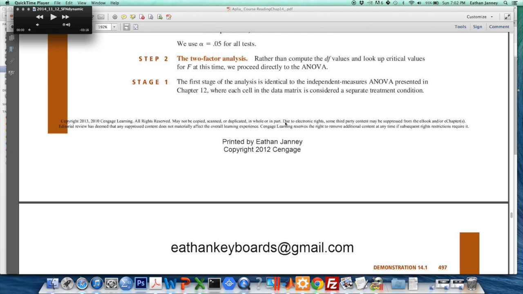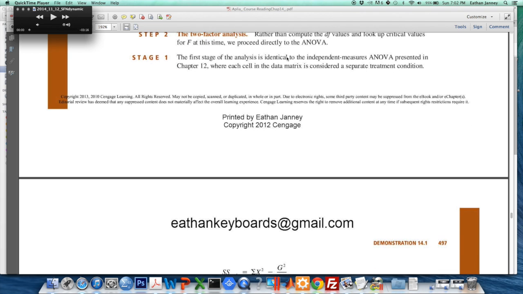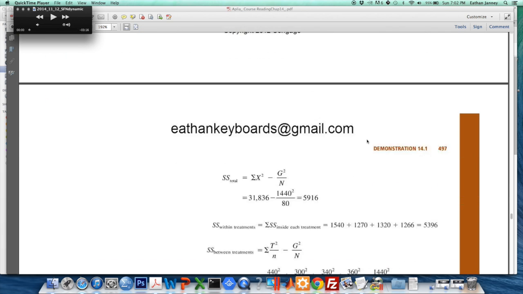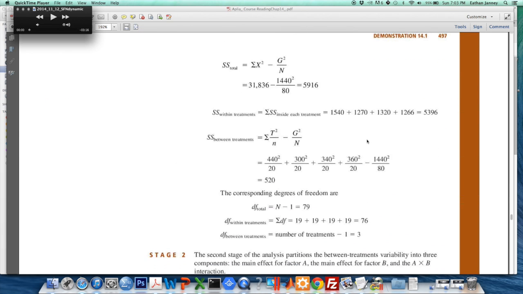The first stage of the analysis is identical to independent measures ANOVA, presented in Chapter 12, where each cell in the data matrix is considered a separate treatment condition. So, if we want to find SS total, we can just use this computational formula, given the values that we have.